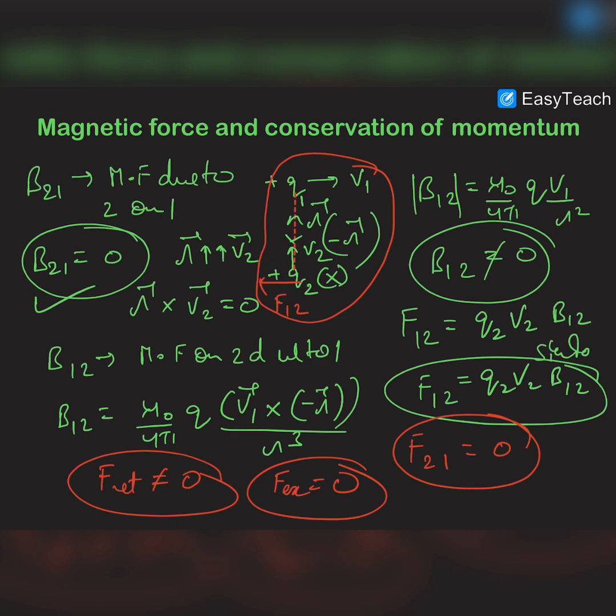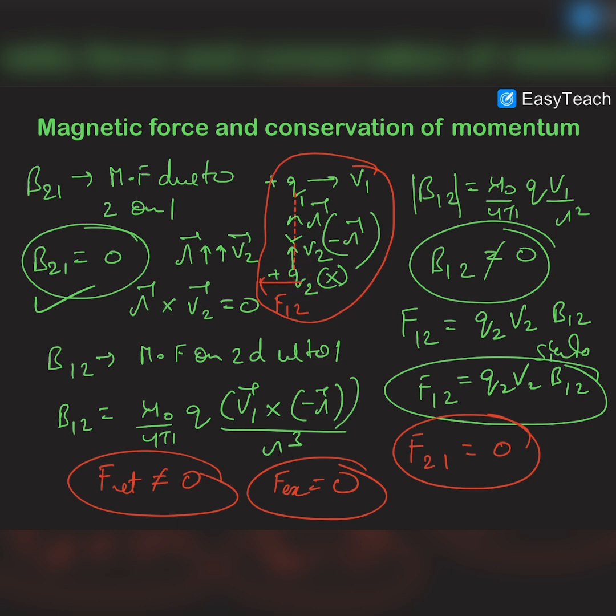But we can surely say that we cannot individually apply Newton's laws for the individual magnetic force acting on them or the individual electric force acting on them. But we can apply Newton's laws equally, and they will definitely be followed if we apply them for the total electromagnetic force acting on Q1 as well as the total electromagnetic force acting on Q2.